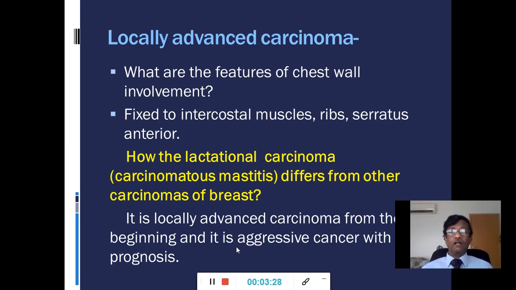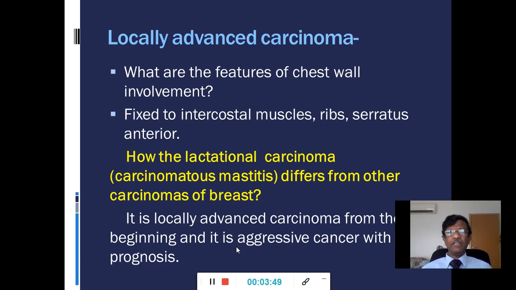Yes. How does inflammatory carcinoma differ from the other carcinomas of the breast? It is locally advanced carcinoma from the beginning and it is an aggressive cancer with poor prognosis. Right. An inflammatory carcinoma may occur in 1% of the total breast carcinomas.